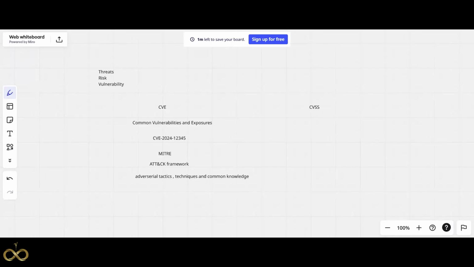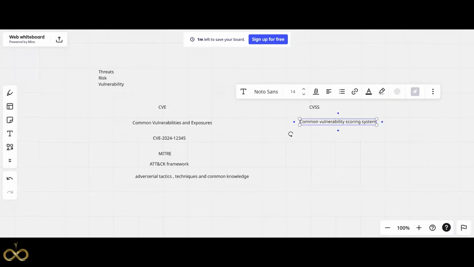Now comes the second part, which is CVSS. This is known as the Common Vulnerability Scoring System. CVSS. Common Vulnerability Scoring System.